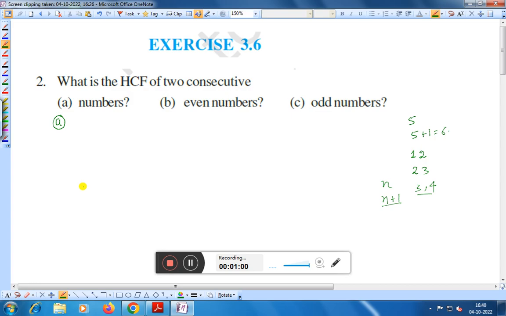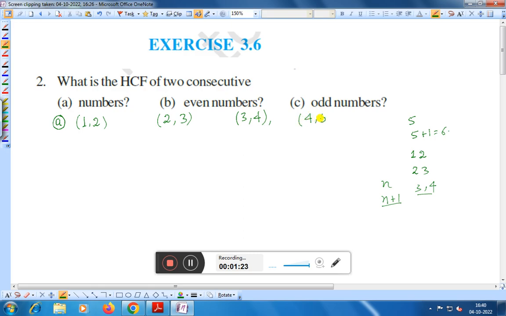Now let us take consecutive numbers. Suppose I am taking consecutive numbers as 1 and 2, another pair 2, 3, next pair 3, 4, and next pair 4, 5.